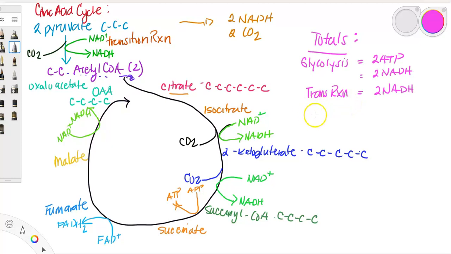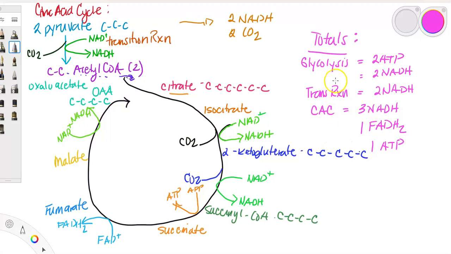And the acetyl-CoA went into the citric acid cycle, and we ended up getting 3 NADH, 1 FADH2, and 1 ATP.